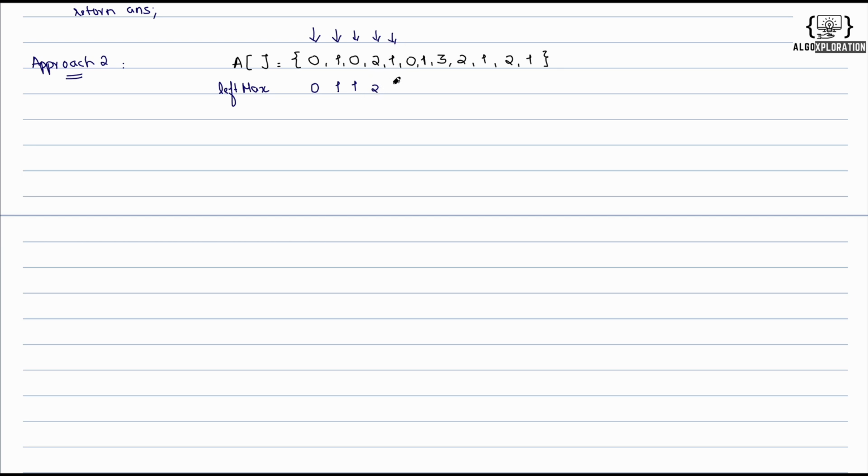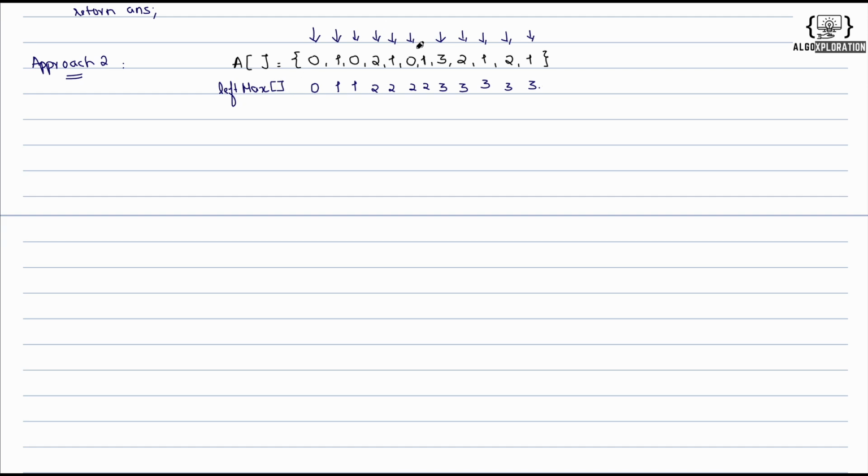Till this point the highest building is 2. Till this point 2, 2. Now at this point the highest building is 3, right? So 3. For this it will be 3. For this it will be 3. For this 3. And for this also 3, right? So this is nothing but an array which we are going to store.